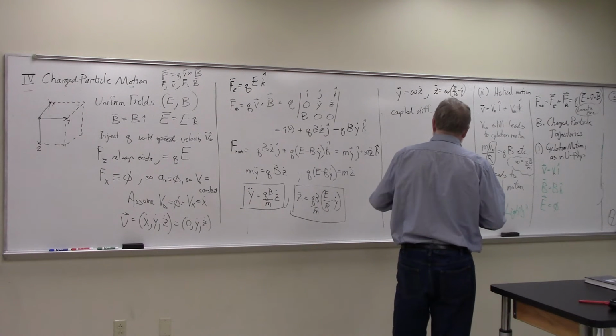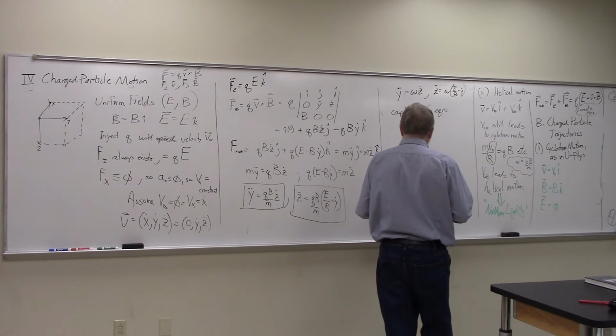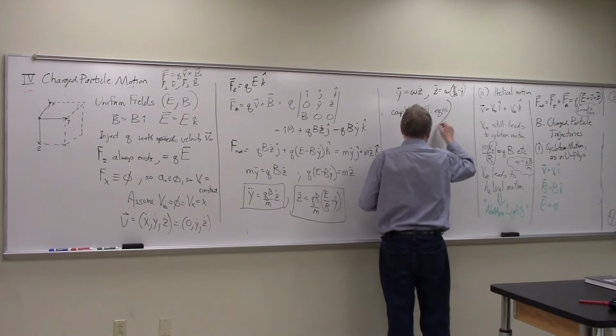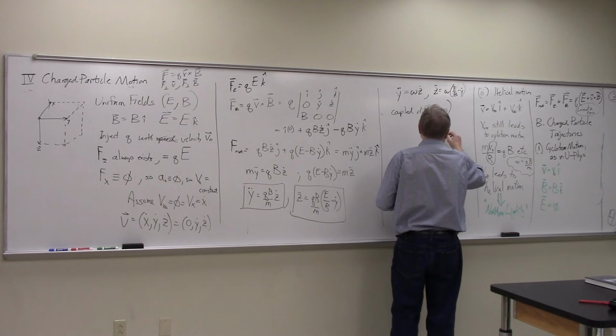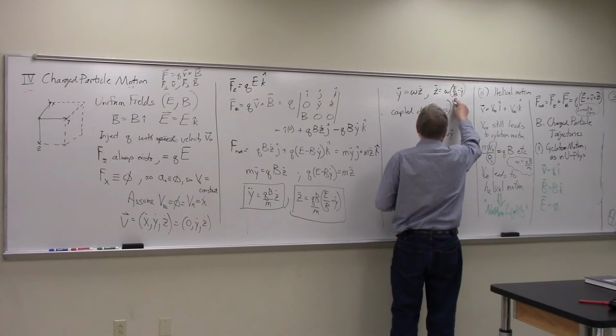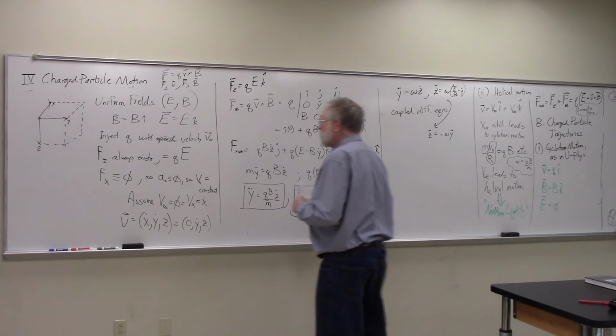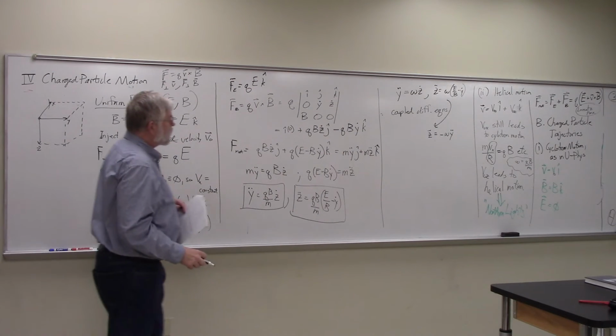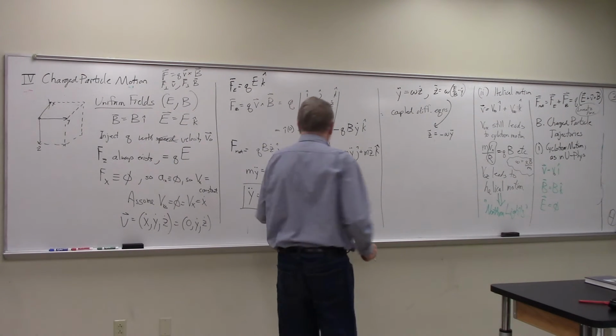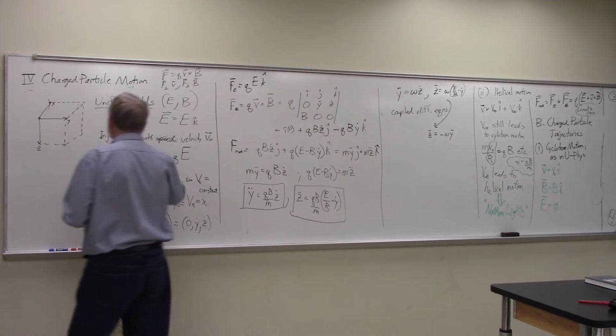I'm going to differentiate the second equation. That says z triple dot equals minus omega y double dot, because E over B is a constant, because these were constant fields. They didn't change. So more than just uniform, they're also constant.